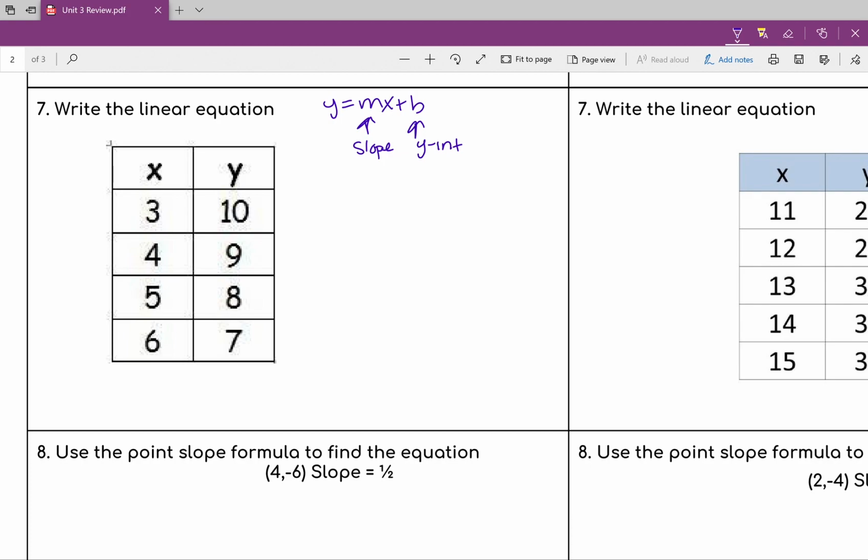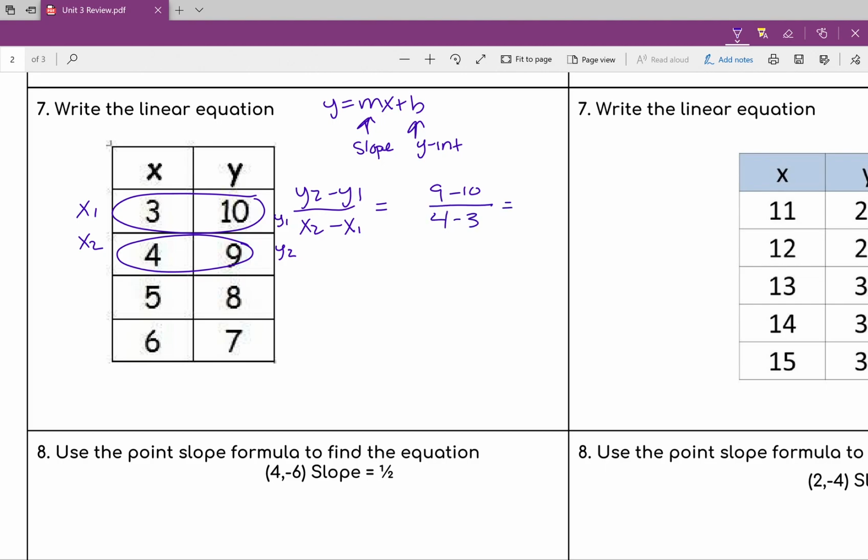To find slope, that's (y2 - y1) over (x2 - x1). We can choose any point, so I'm just going to choose the top two, and label them x1, x2, y1, y2.